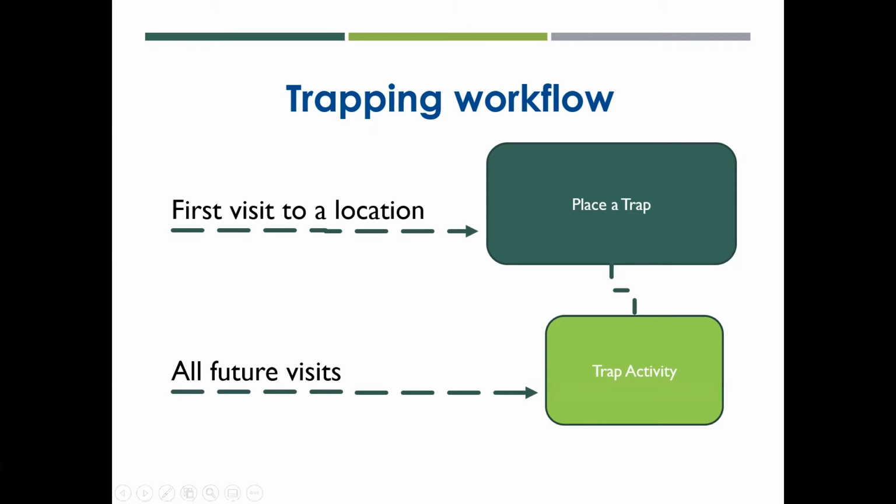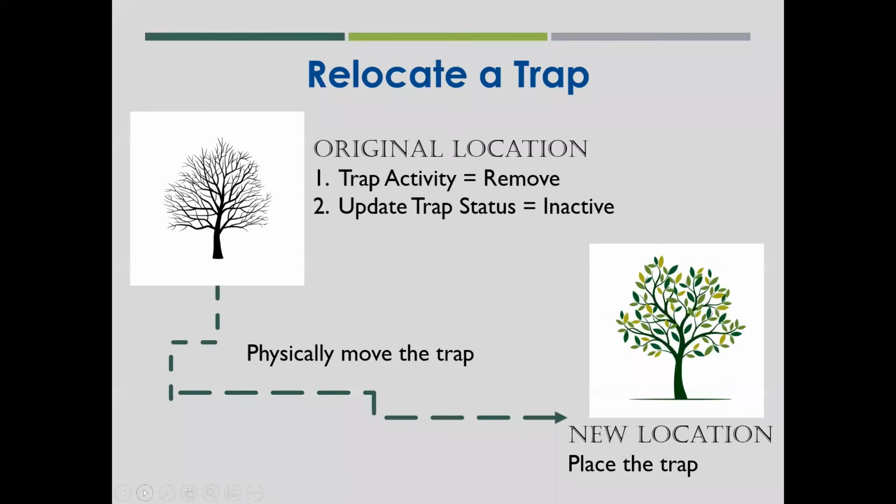But there are a couple other workflows that sometimes come into play that can be pretty confusing. This is the simple version, but let's say you need to relocate a trap. Then we have to think a little deeper. There are two data edits to that original location that might seem obvious, but need to be recorded.